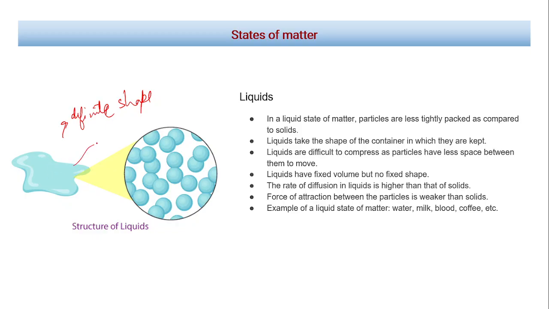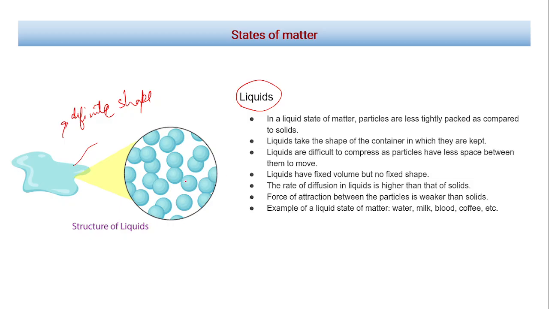So they will just flow to wherever, in scientific terms, the potential energy will be less. But in layman's terms, wherever we move it, it will be ready to go, unlike solids. So what changes in liquids is that particles are less tightly packed.